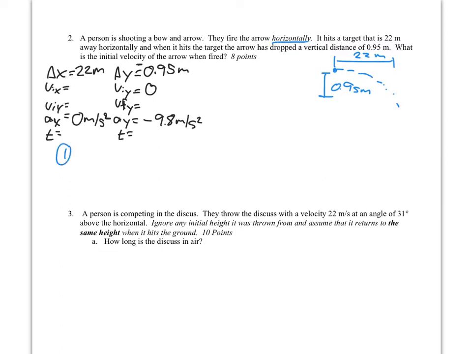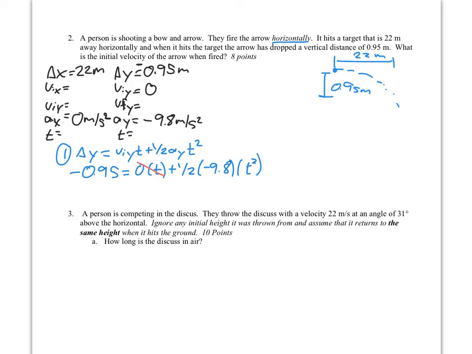I'm going to start with delta y equals VIY t plus 1/2 AY t squared. So I can say negative 0.95 equals 0 times t plus 1/2 times negative 9.8 times t squared. This first term here just goes away because it's 0 times t. And what I'm left with is negative 0.95 equals negative 4.9 times t squared.